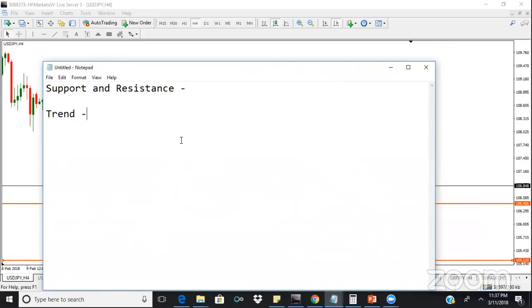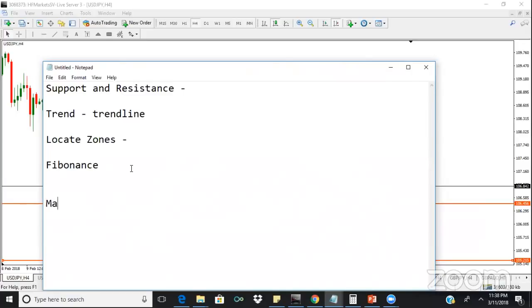Also locate zones that are right for entries. The other one you also want to work with is Fibonacci, using more of the trend as trend lines.